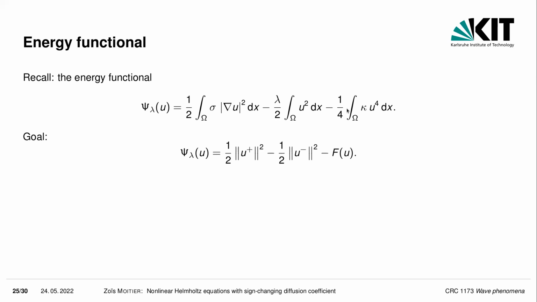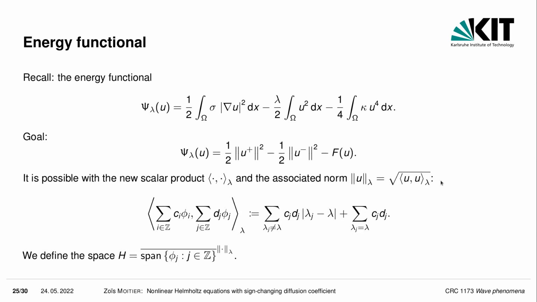This corresponds to the nonlinear part, and this corresponds to the linear part. I tell you now, so we have fixed lambda, and we introduce a new scalar product and the new norm associated to it, which is just this one. So phi i and phi j are the eigenfunctions, and you write this like this.